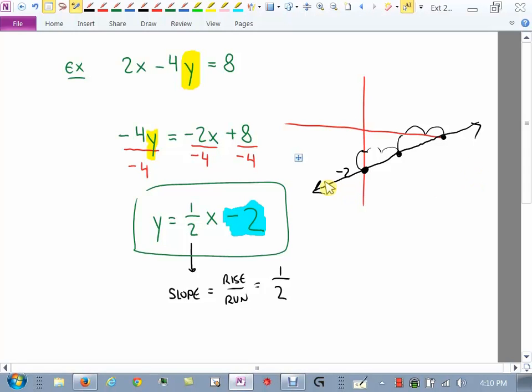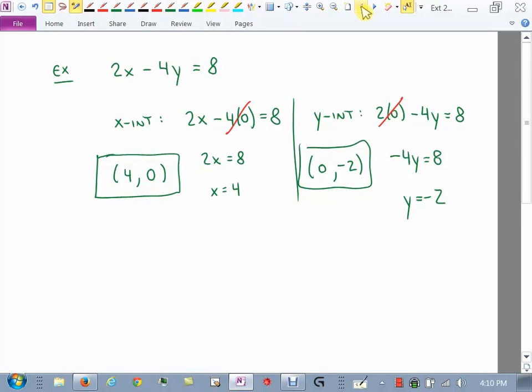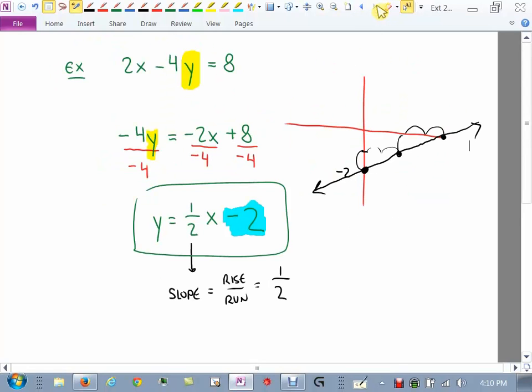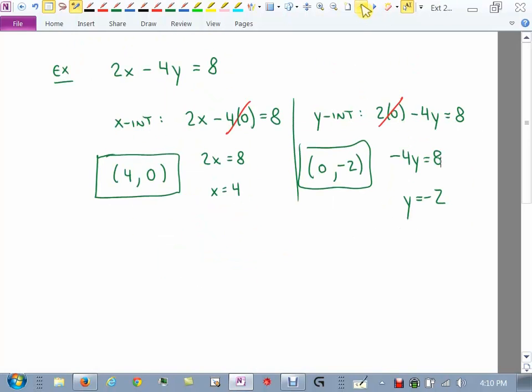Do you think the slope-intercept method or the intercept method was quicker in this problem, was better? Yeah, this way is more useful because you're getting practice with the algebra, moving things around and dividing. This way, though, in this problem, was quicker.